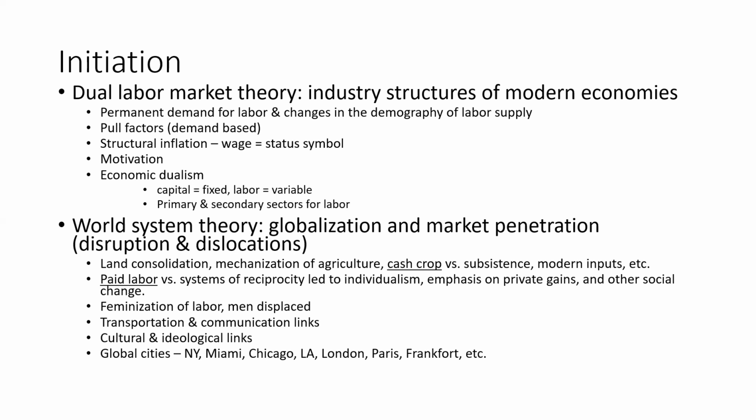And we also see that there are a lot of migrant laborers in these global cities because of the transportation and communication links. And sometimes these foreign investors, when they try to blend in to the local cultures, they are going to introduce certain aspects of their own culture, own ideologies to the locals.